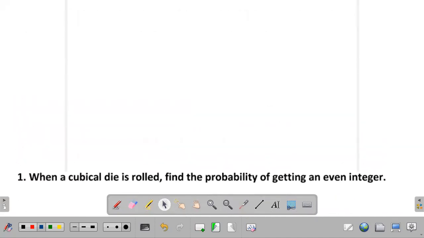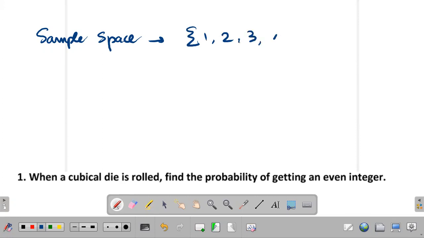So, this is the first question. When a cubical die is rolled, find the probability of getting an even integer. So tell me, when a cubical die is rolled, what is the sample space? The sample space, the set of all possible outcomes, is 1, 2, 3, 4, 5, 6.